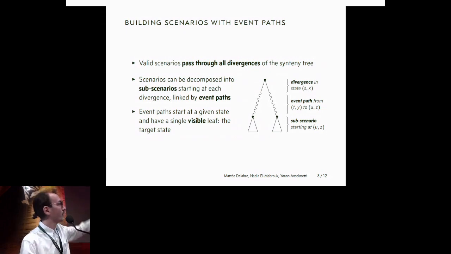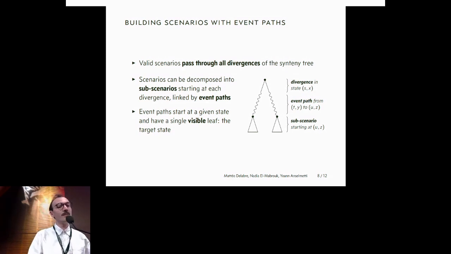So if we start with a divergence that is linked to species S and has contents X, we can reach the sub-scenario at species U and with contents Z, but only if we have some sequence of events that explains how we get from point A to point B, so to say. And for usual reconciliation, as we'll see, this is an easy task, but using the extended model makes it a little bit more complicated.